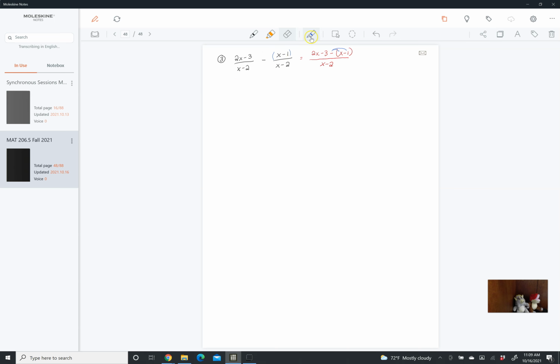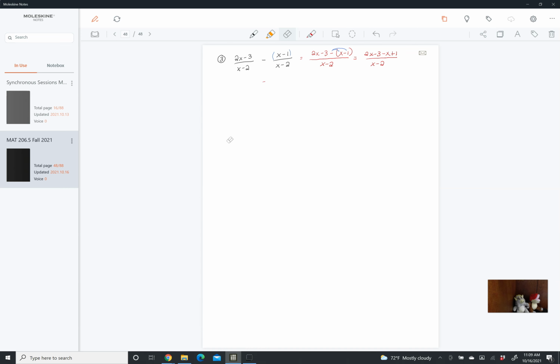And what we get when we combine these is 2x minus x. And again, I'll write this extra step. Well, actually, this you should include. This becomes minus x plus 1 over x minus 2.